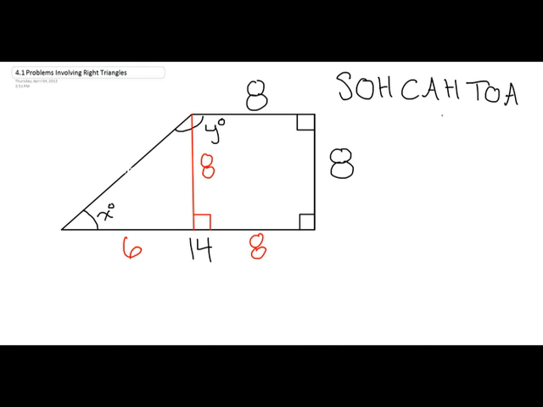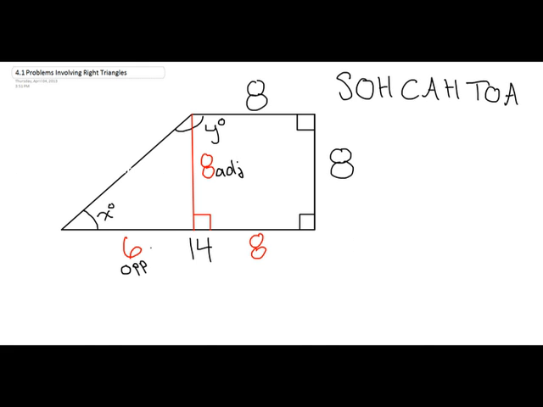So now we're going to use SOHCAHTOA in order to help us solve for x. So notice that we're looking for an angle. Anytime you're looking for an angle, you're going to use your inverse function. So with respect to x, let's take a look here. With respect to x, the side length of 6 here is opposite, and the side length of 8 is adjacent.